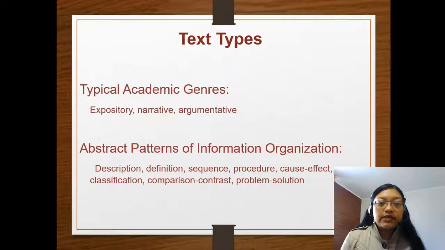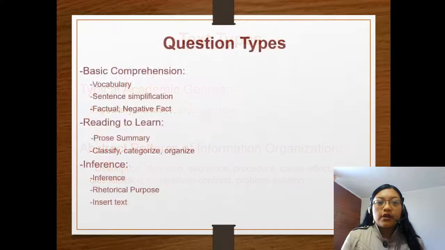Expository, narrative, and argumentative. So abstract patterns of information organization, like description, definition, sequence, procedure, cause effect, classification, comparison, contrast, problem solution. This is kind of similar to what we have been working on with the essays, right? Like different kinds of essays, but now in terms of reading.